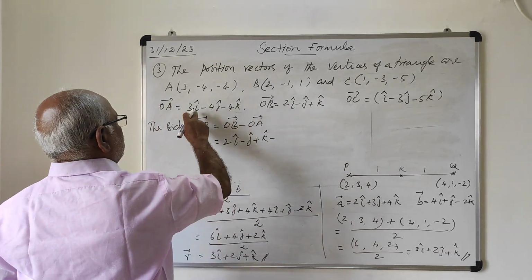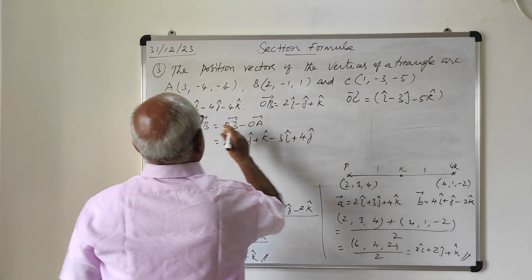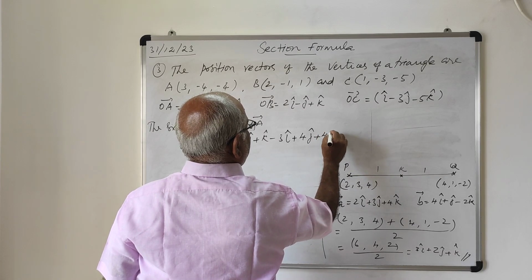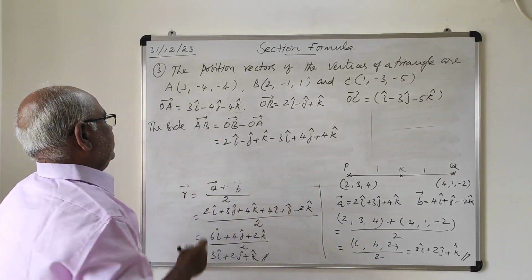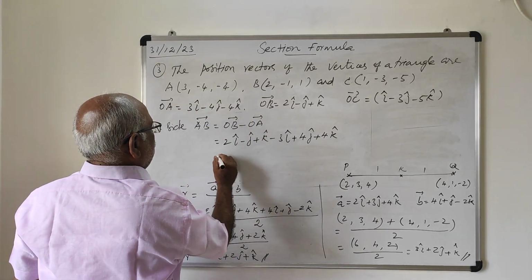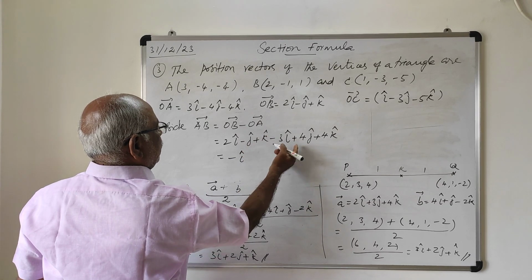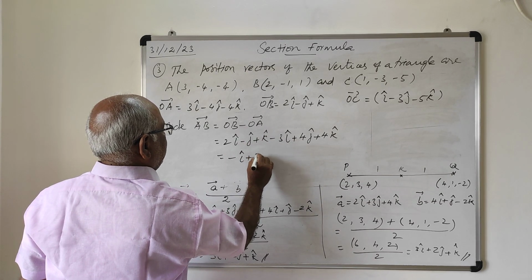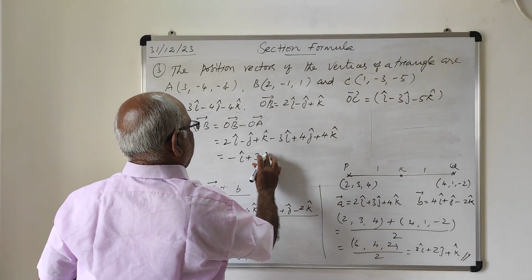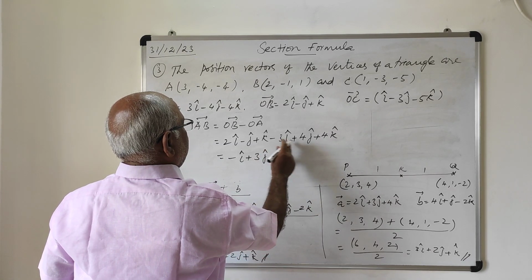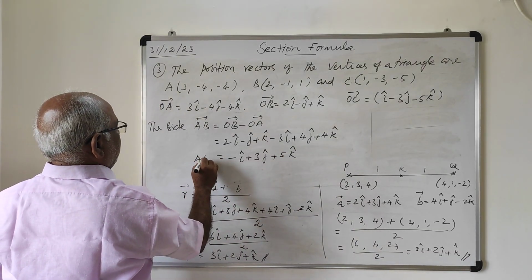Minus OA is minus 3i plus 4j plus 4k, as we multiply the OA vector by minus sign. Now AB is 2 minus 3i, that is minus i; minus j plus 4j is plus 3j; and k plus 4k is 5k. This is the vector AB.